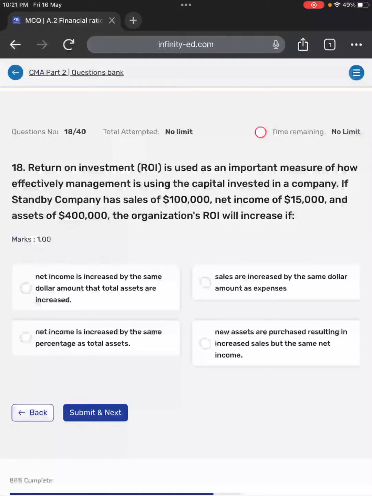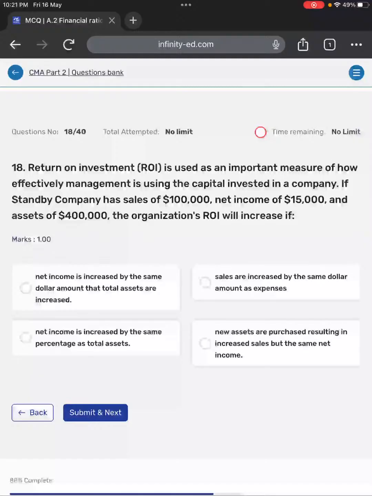Okay, now what is the option saying? Net income is increased by the same dollar amount that total assets are increased. Example, net income plus 10,000 equal to 25,000. Total asset plus 10,000 equal to 410,000.